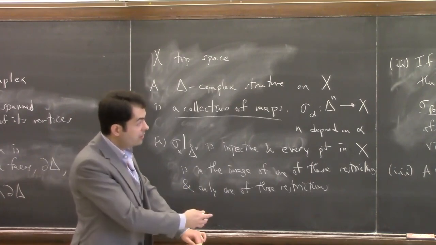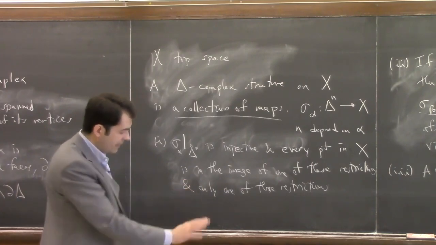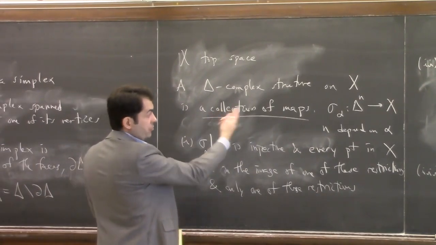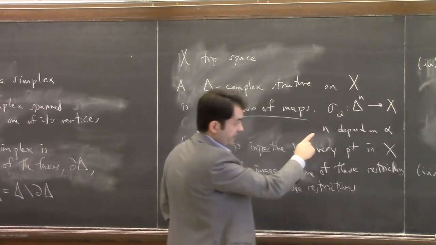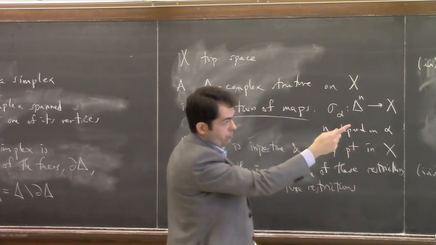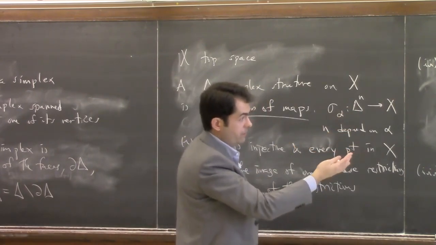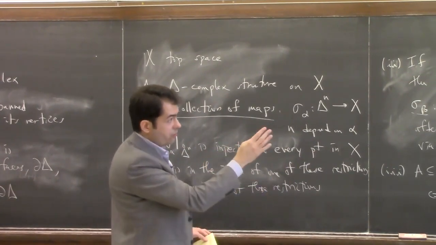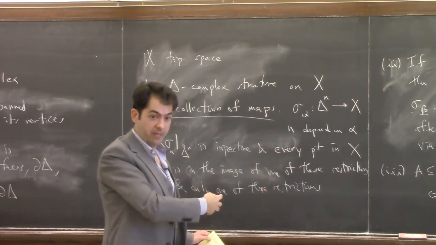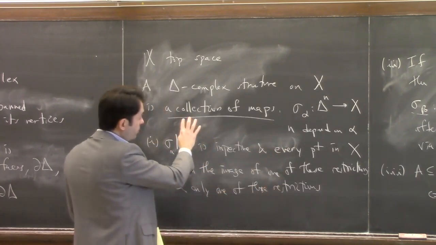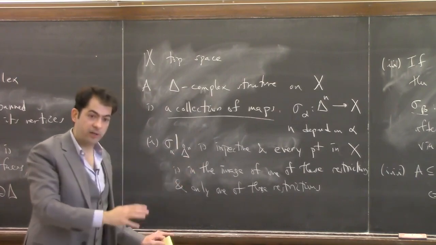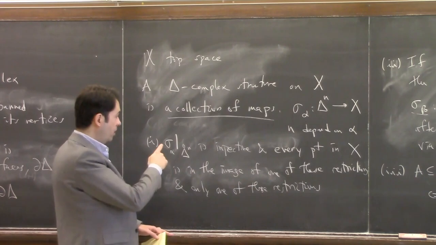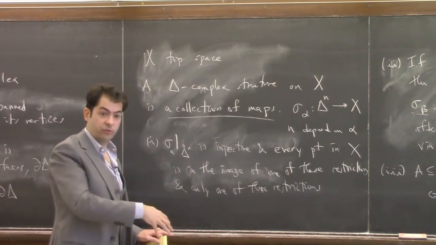So the difference here is that we're saying, okay, you're not allowed to do any map you like. You use these maps. So of course, this is the n simplex. So the triangle is equivalent to the disk, right? So these are cells in the sense of a cell complex. But what we're going to do is put a bunch of restrictions on the attaching maps, the identifications that you use on these cells to construct the space.